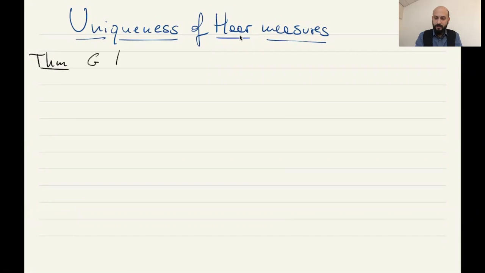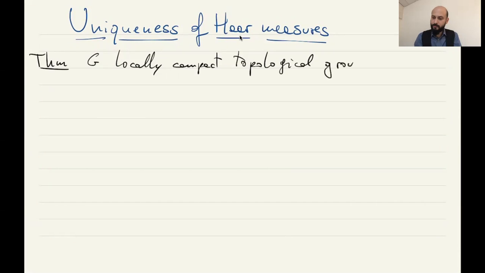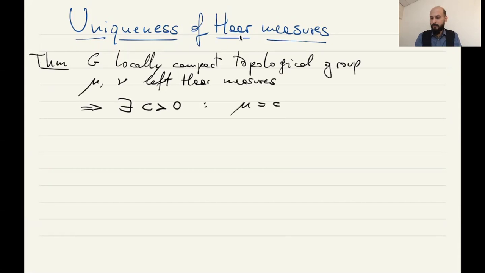If G is a locally compact topological group, and mu and nu are left Haar measures, then there exists a constant C such that mu is the constant times nu. So this is the uniqueness of the Haar measures.